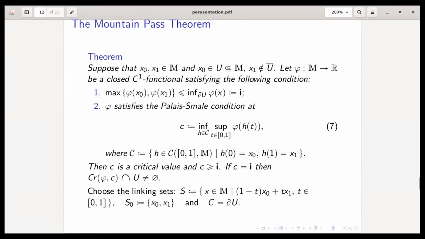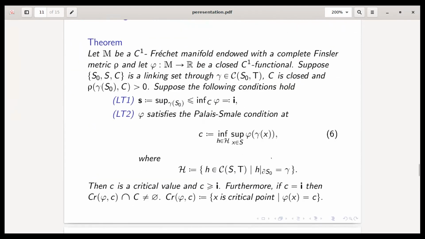To obtain the mountain pass theorem, we choose this linking set. As I'm short on time, if we can choose this simple linking set, then the mountain pass theorem follows easily from this principle.